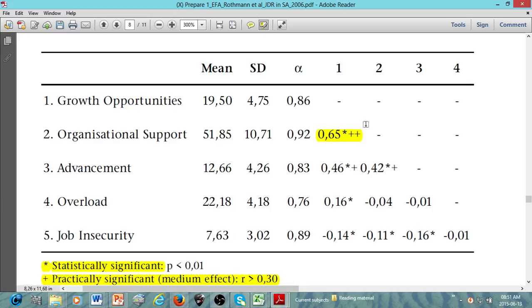So for example, better organizational support should practically lead to an increase in growth opportunities.